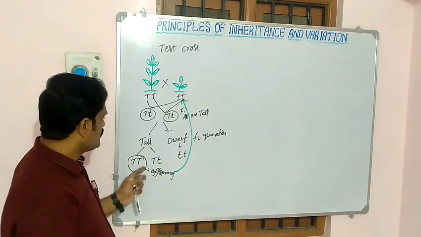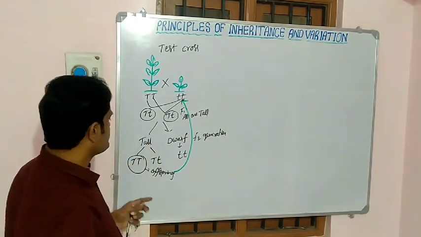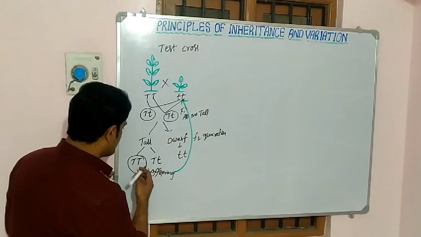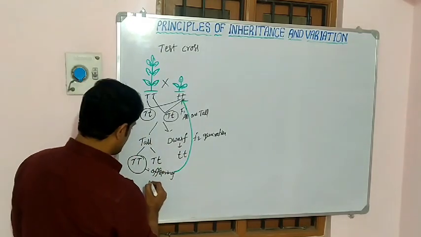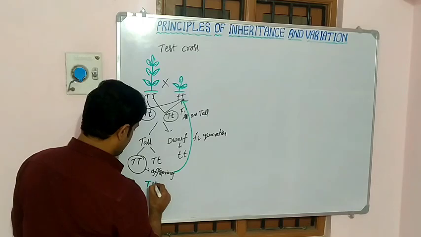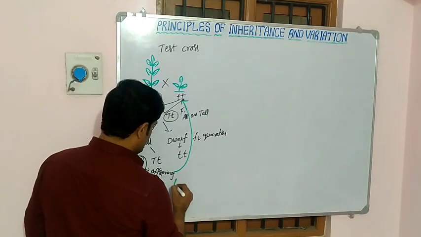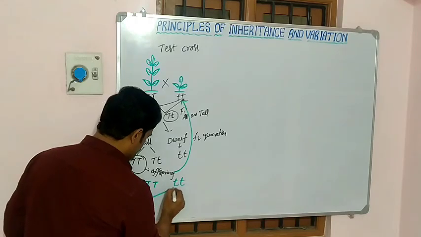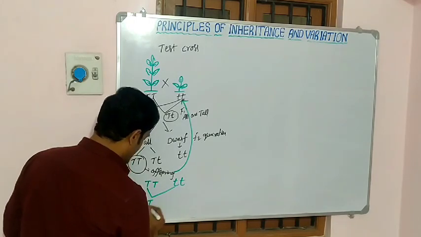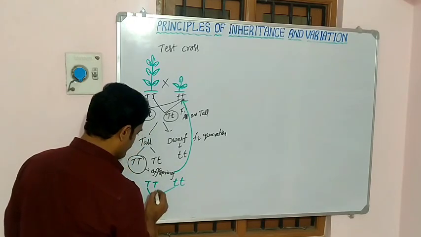Okay, so what kind of result do we see in this? See, capital T and small t, and small t and small t. I will write here capital T, here small t, small t. So capital T fuses with small t, capital T, small t will form.